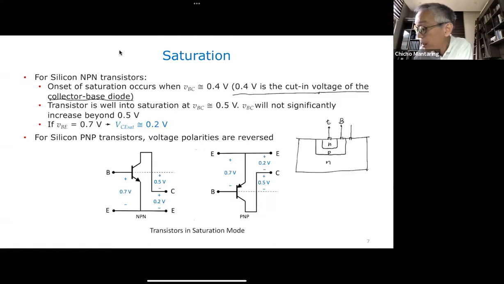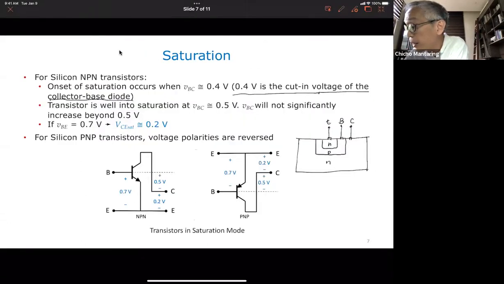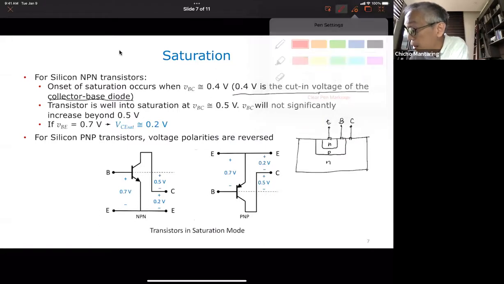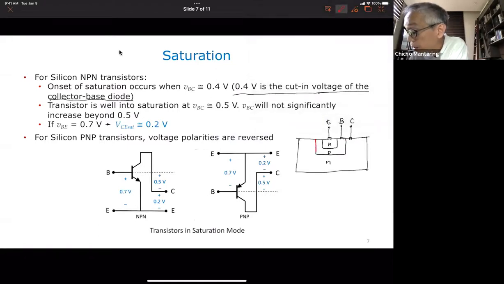And then this is my collector. So my emitter-base junction is this. But my collector-base junction is this. It's a much bigger area. If I mark out the collector-base junction, this is my CB junction.